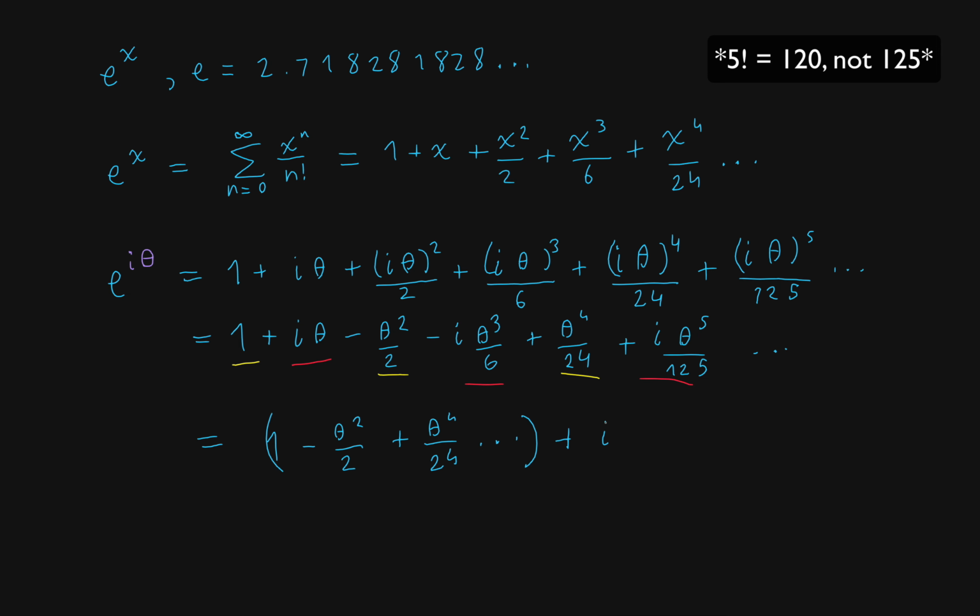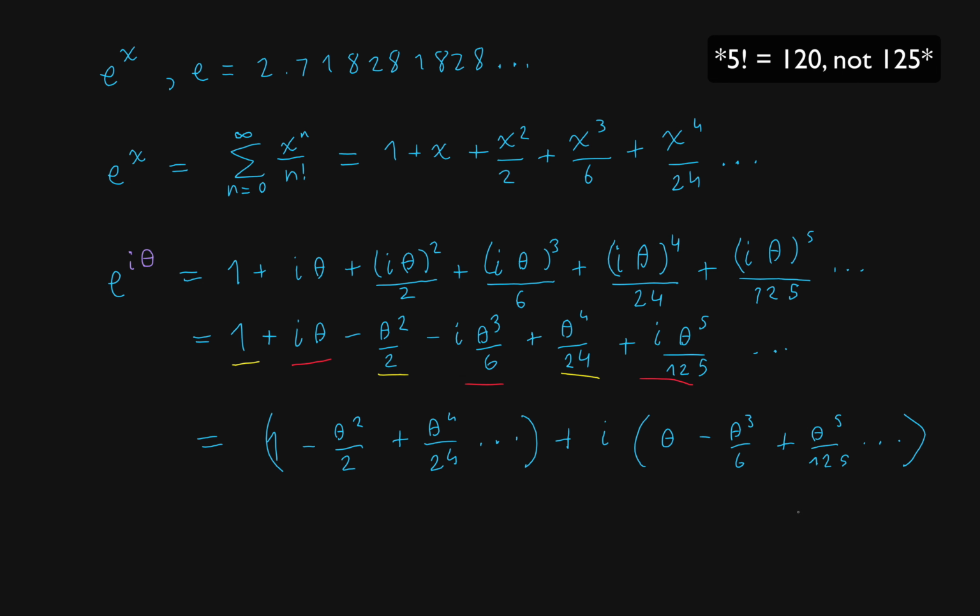Plus i, because I'm going to factor this out here, i times theta minus theta cubed over 6 plus theta to the 5th over 120. And again, as you add more terms, this is going to be odd powers and odd factorials.